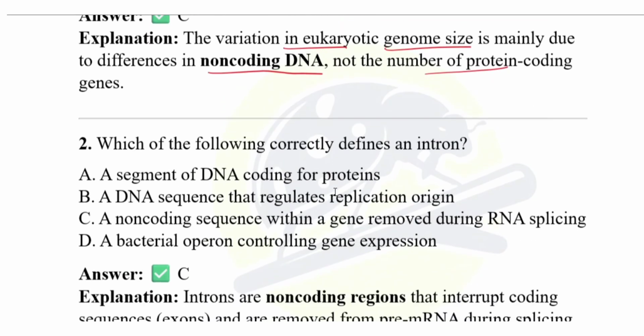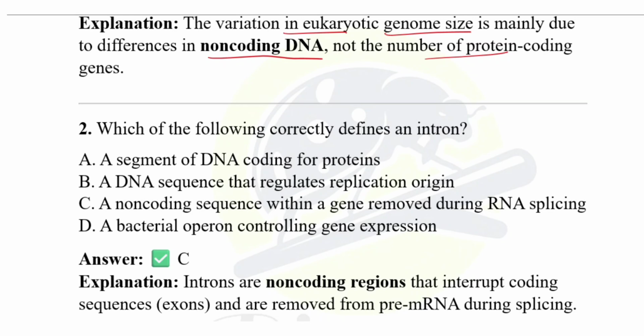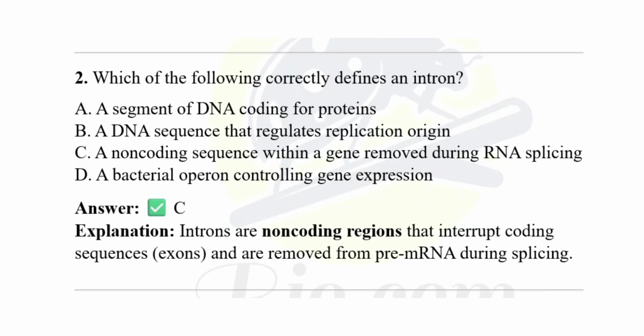Now next question. Which of the following correctly defines an intron? A segment of DNA coding for protein, a DNA sequence that regulates replication origin, a non-coding sequence within a gene removed during RNA splicing, a bacterial operon controlling gene expression. As we all know, an intron is a non-coding sequence within a gene removed during RNA splicing.